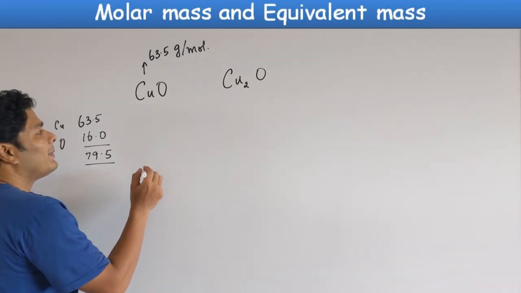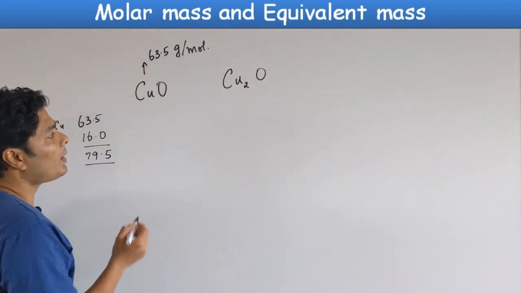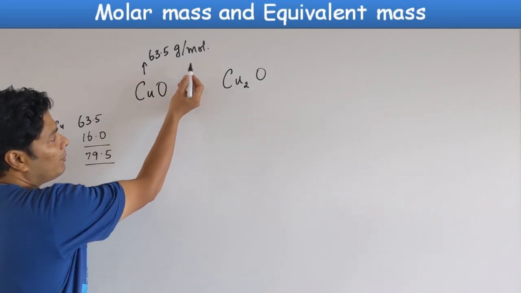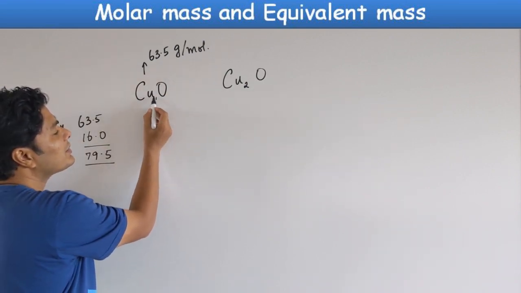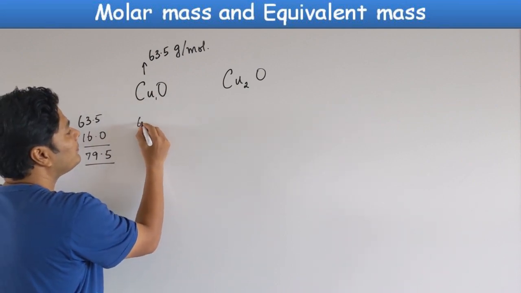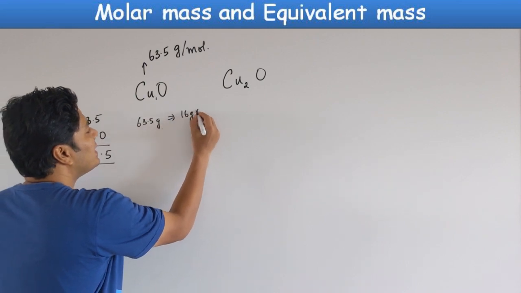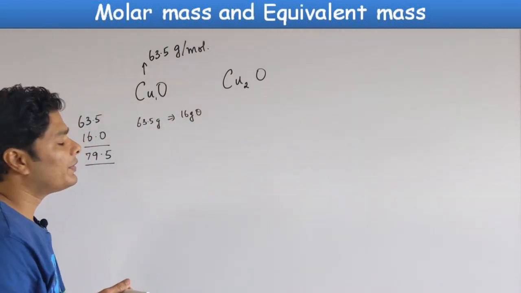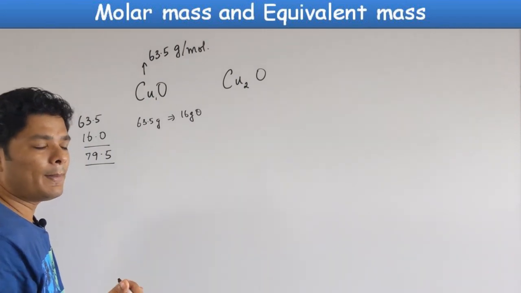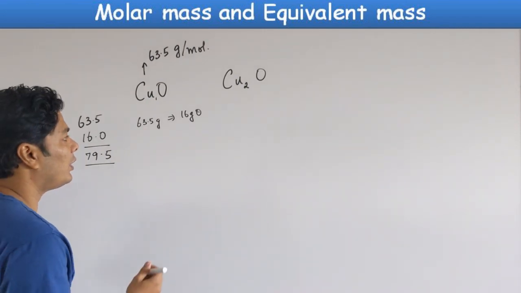Now looking into equivalent mass. 63.5 grams of copper, in 1 mole, obviously there is only 1 mole here, is combined with 16 grams of oxygen. According to the definition of equivalent mass, what is the weight that combines with 8 gram parts of oxygen?